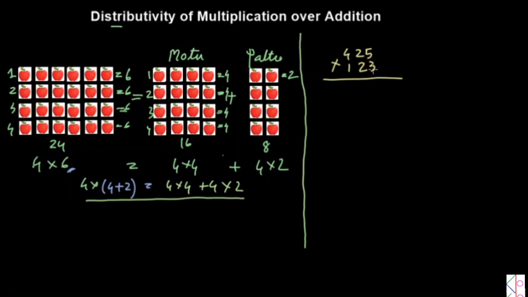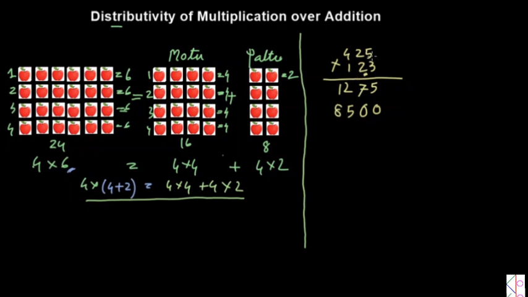So let's multiply. 3 times 5 is 15. Then 3 times 2 is 6, plus 1 is 7, and 3 times 4 is 12. So in case of 2, its position is tens, so we have to multiply by 20. Here we can put another 0, and 2 times 5 is 10, so 0 and 1 is carry. 2 times 2 is 4, that means 5 with that 1. 2 times 4 means 8.